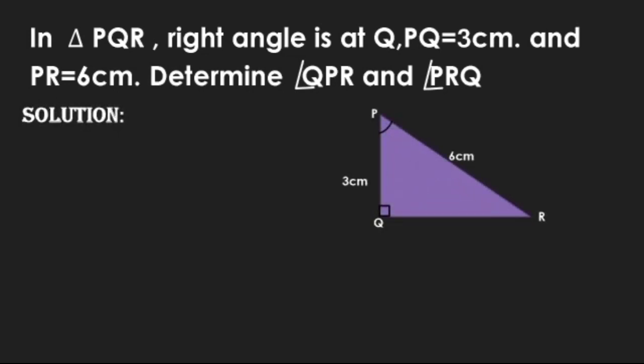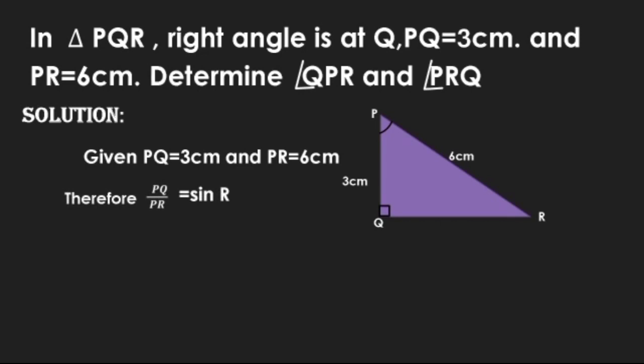Given PQ equal to 3 centimeters and PR is equal to 6 centimeters. Therefore, the ratio PQ by PR is equal to sin R. PQ is equal to 3 centimeters, PR is equal to 6 centimeters.